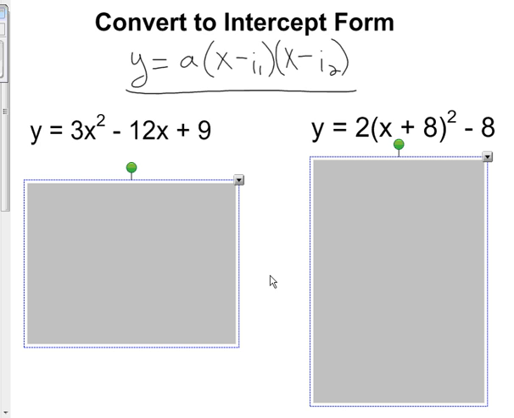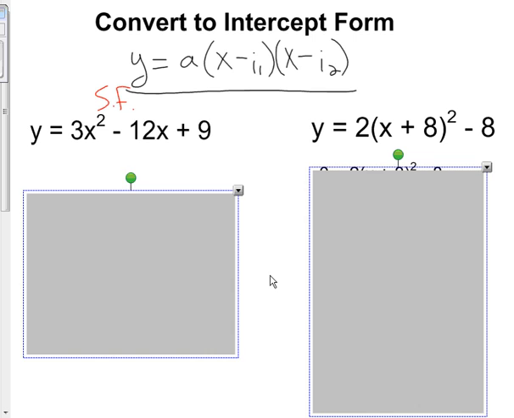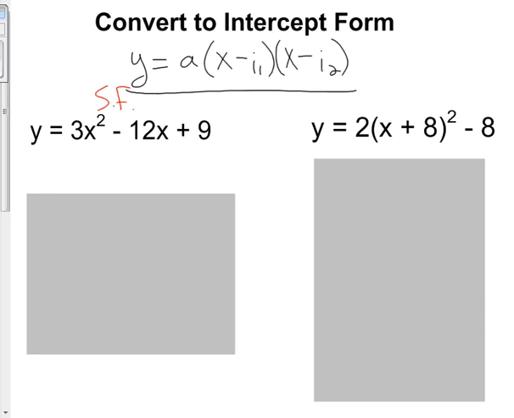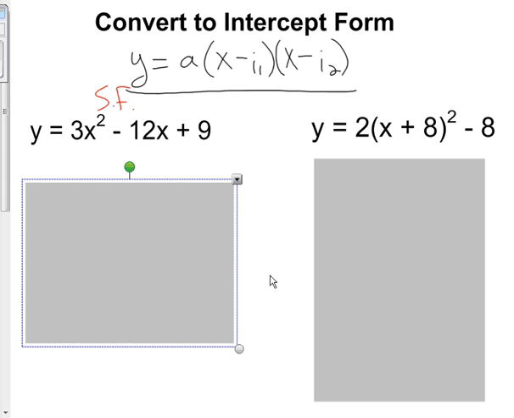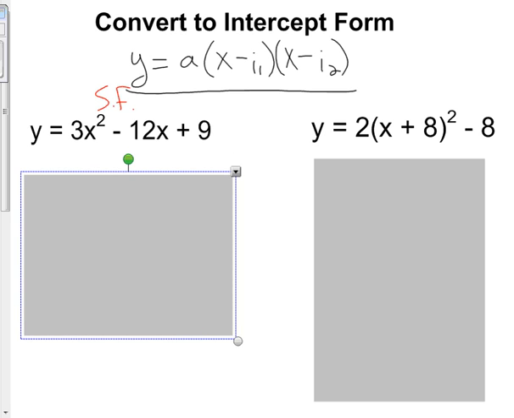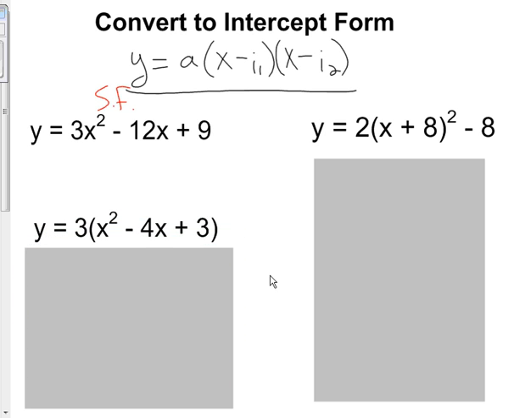So if we start with a standard form, that's what we're starting with. I'm just going to factor this standard form, because then it automatically jumps into intercept form. So to factor this, GCF first. There's a GCF of 3. So take the 3 out.